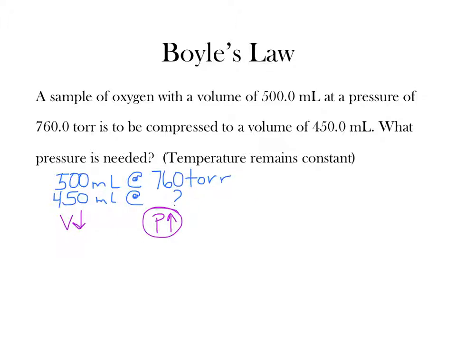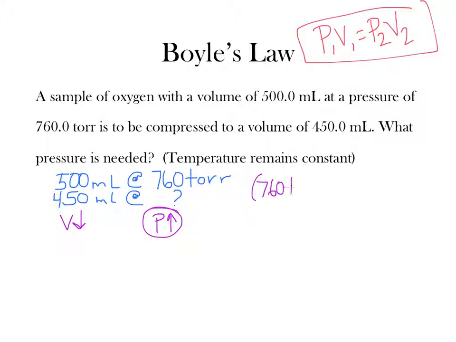So you probably also want a formula. Here's my formula, P1V1 equals P2V2. So plugging my numbers into that formula, I end up with P1 times V1 equals P2 times V2.